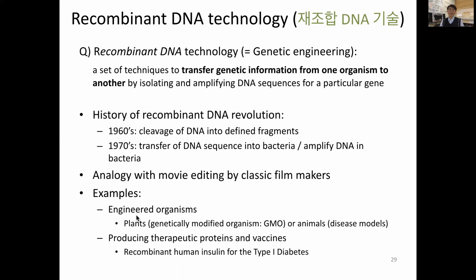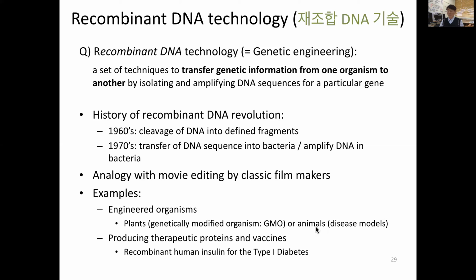For example, the majority of the beans we are eating now come from genetically modified organisms, called GMO. And in biomedical research, to study a specific function of a gene, we sometimes modify the gene so that we can understand the disease process relevant to that gene. So for disease models in animals, we are engineering these DNAs.